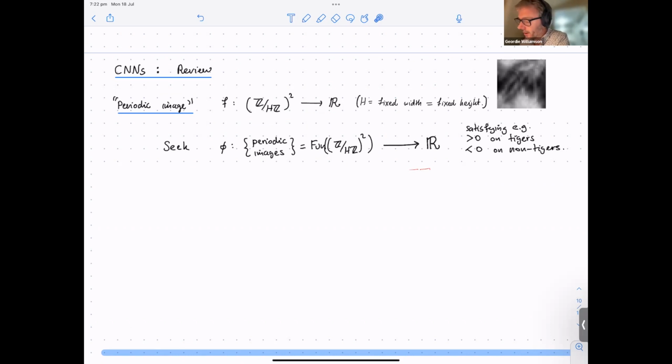So (Z mod HZ)^2 is a grid. Here I have a grid, an H by H grid, and that's what Z mod HZ looks like.